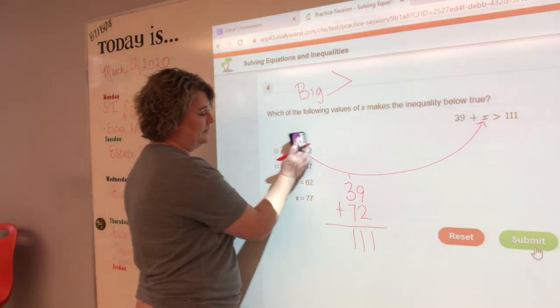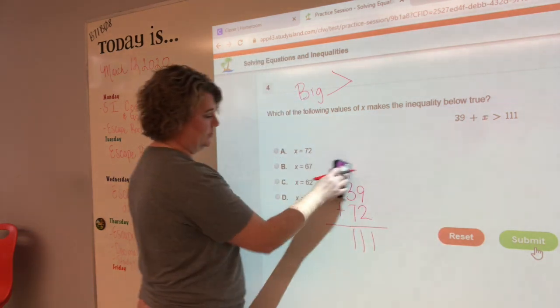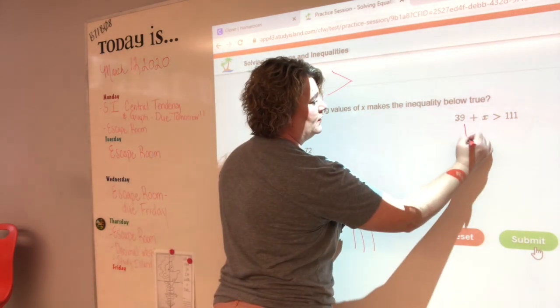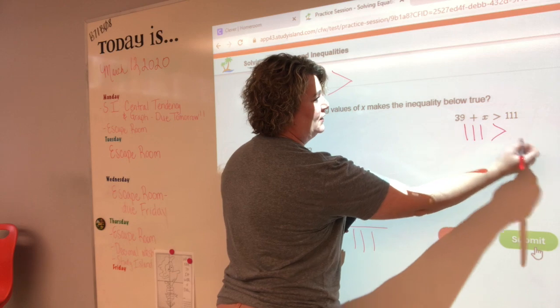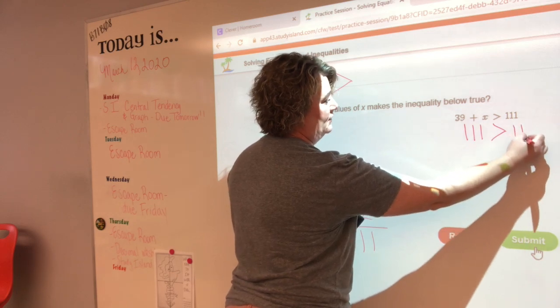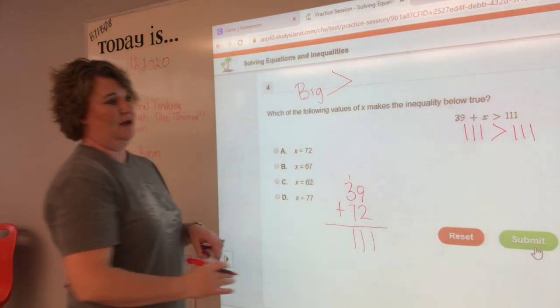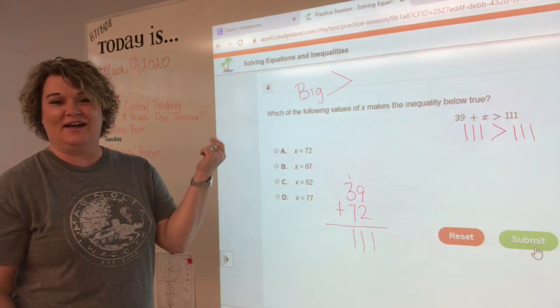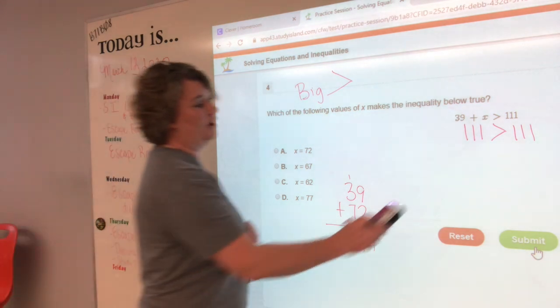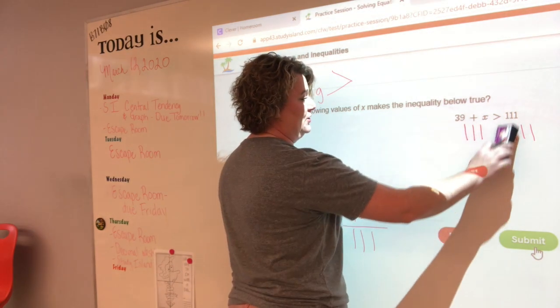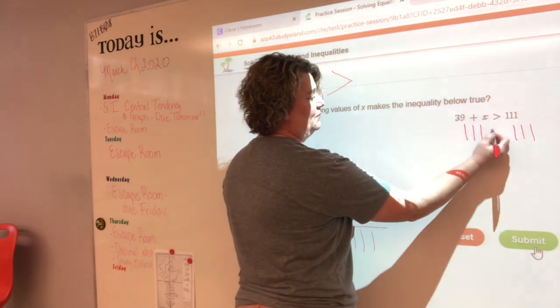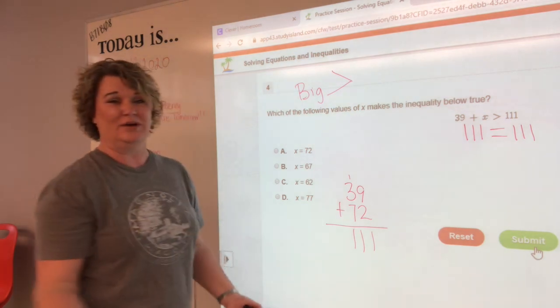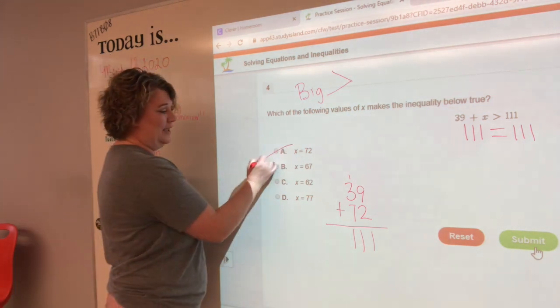So if I plug this in, I get 111 right here. 111 is greater than 111. Do you agree with that? I don't agree with that. I'm teaching. I agree that those are equal, not greater than. So that cannot be true, because this would be the sign that you would put there. 111 would equal 111. So that can't be true.